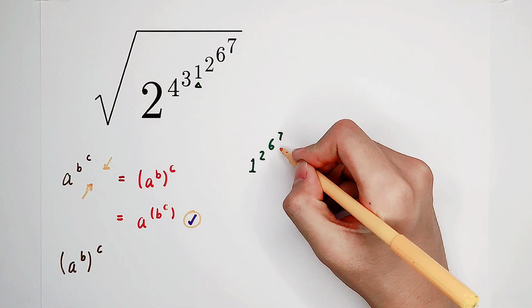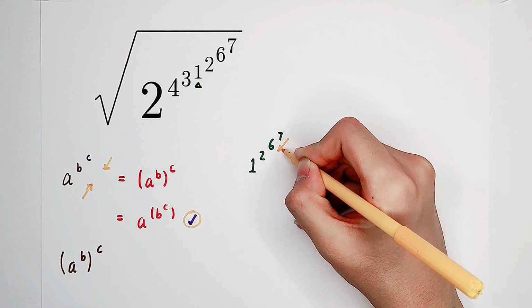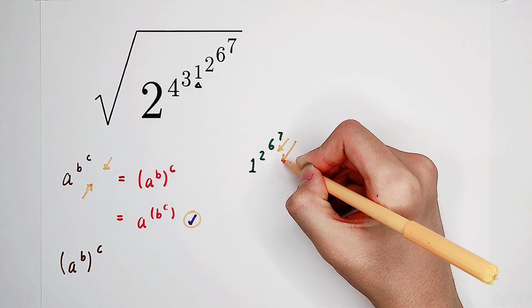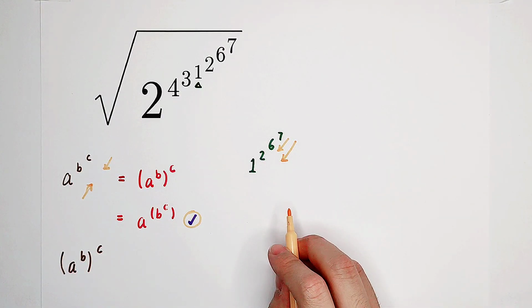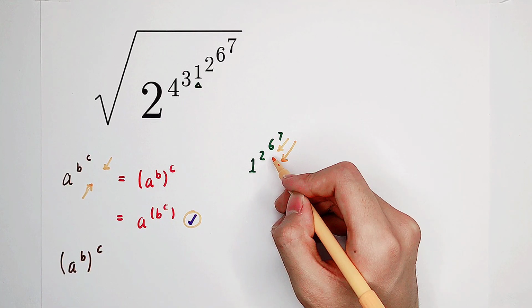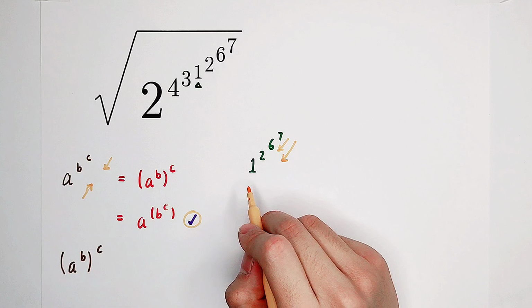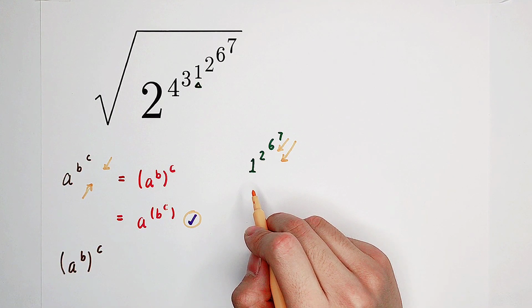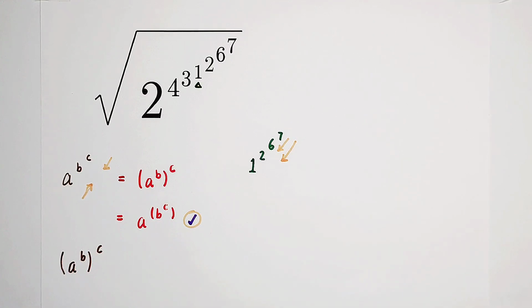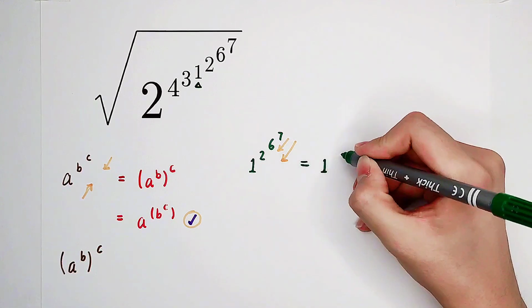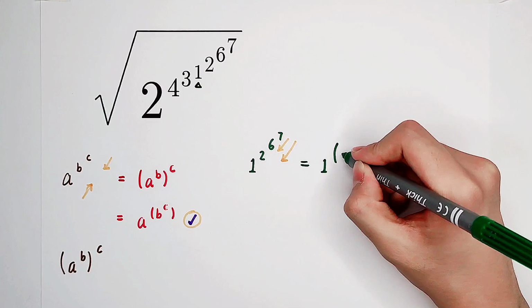Of course, we should calculate 6 to the power of 7 first, and then add the exponent of 2, and then all these guys together is the exponent of our 1, because 1 to the power of any number is equal to itself, 1. So that means the answer is 1, because we calculated from the top to the bottom.